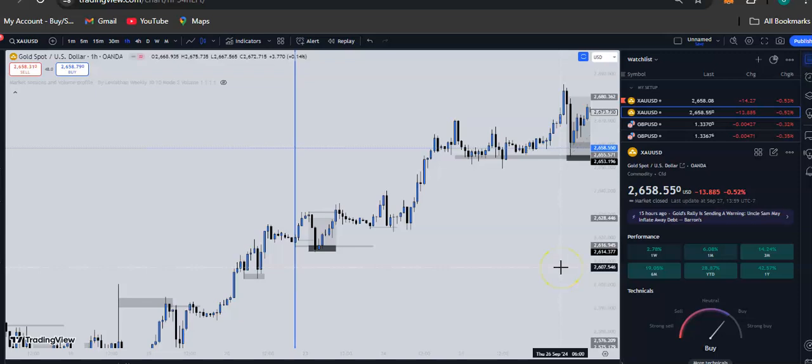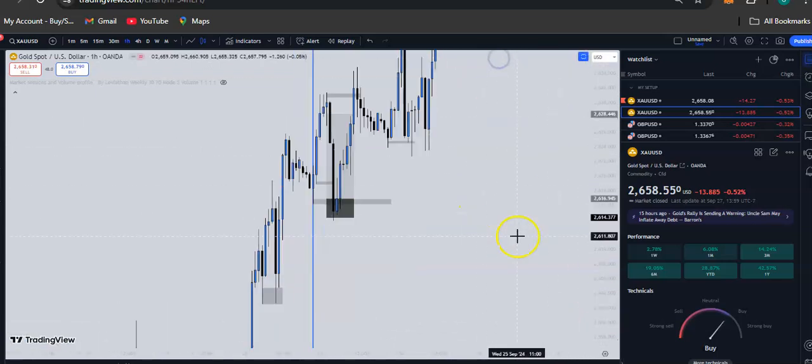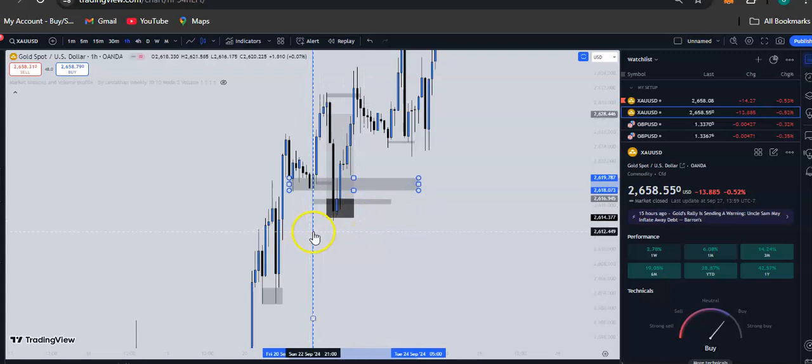The first thing we saw during market open was the first setup on Monday. Right here, we got a QML. So this was where the week started.